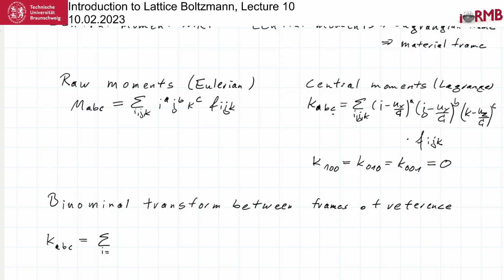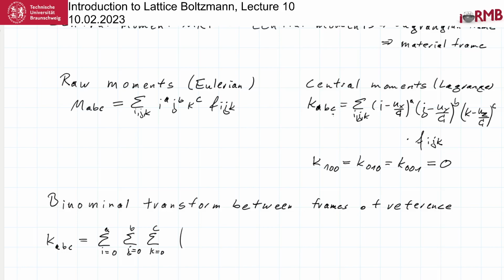Okay, I have to announce, because I'm running a little bit out of letters, this i, j, k are not the i, j, k of the f that I'm now writing. Yeah, these are just indices. Usually we start with i and then j, and so on. So this i goes from 0 to a. This j is from 0 to b, and this k goes from 0 to c.